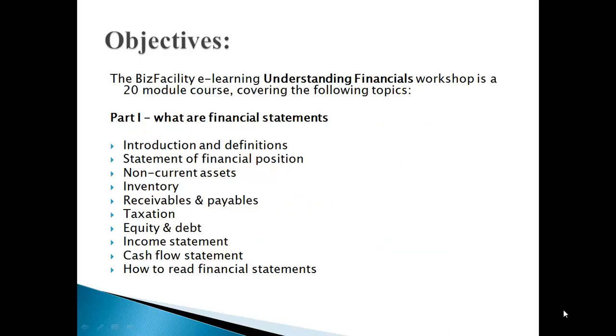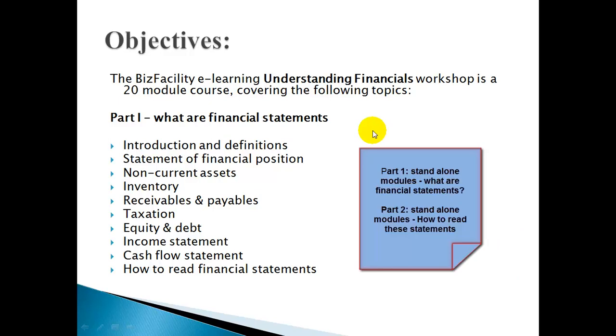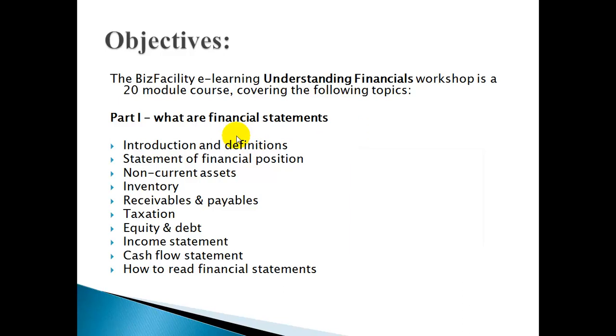This particular two-part course, E-Learning Understanding Financials Workshop, is a 20 modular course covering the following topics. Part 1 consists of the following. What are financial statements? We're going to look over the next 10 modules at the definitions I'm going to use in the course.